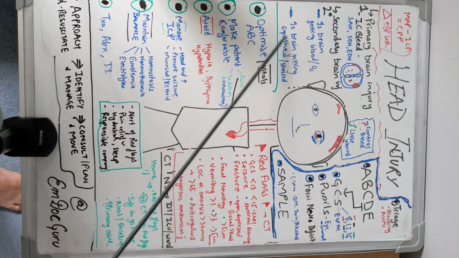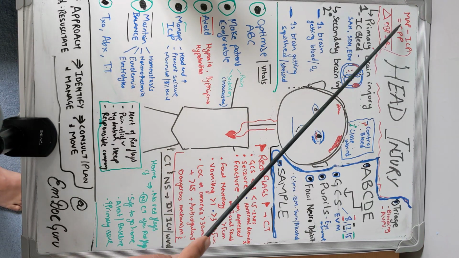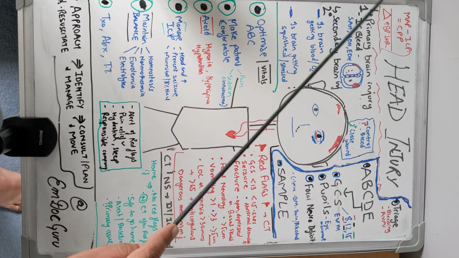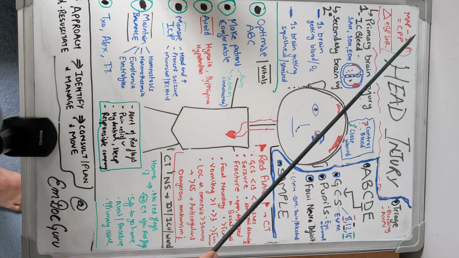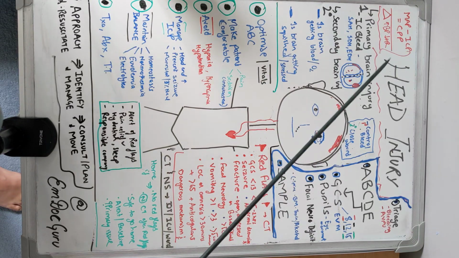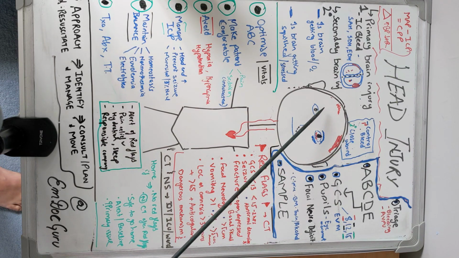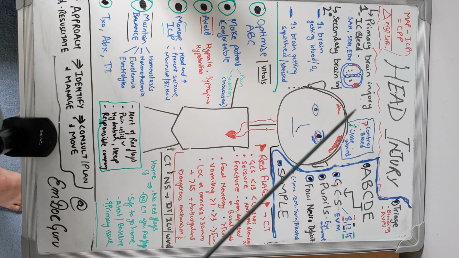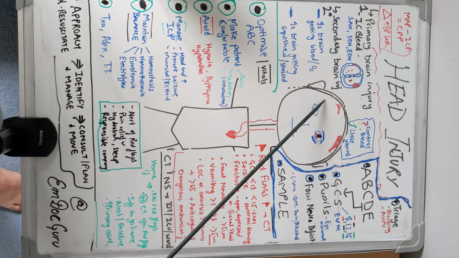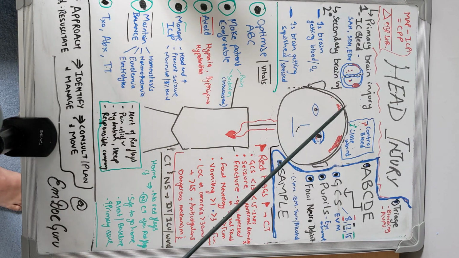So I said that these are the questions that you need to ask. And an important point is the Monro-Kellie doctrine, which says that the skull is a closed space. So if there is any bleeding, that will occupy space, so the brain will get squished, the blood vessels supplying the brain may get squished, and the CSF flow can be occluded.